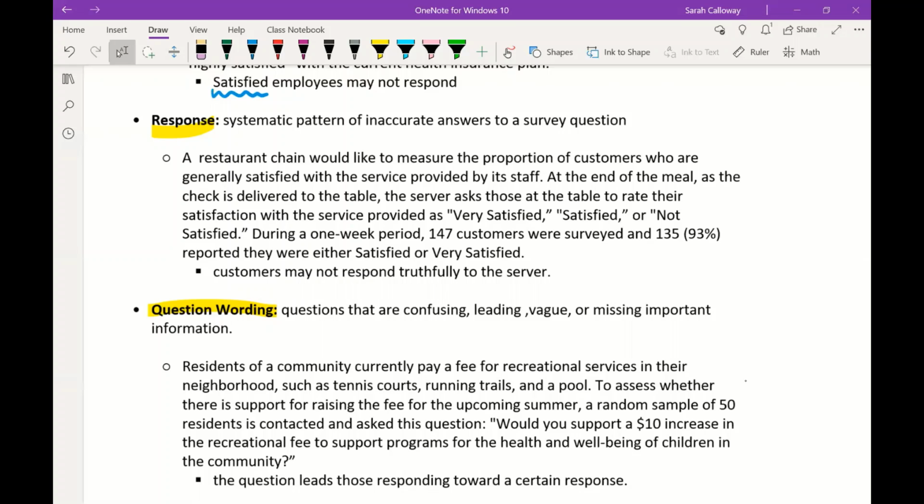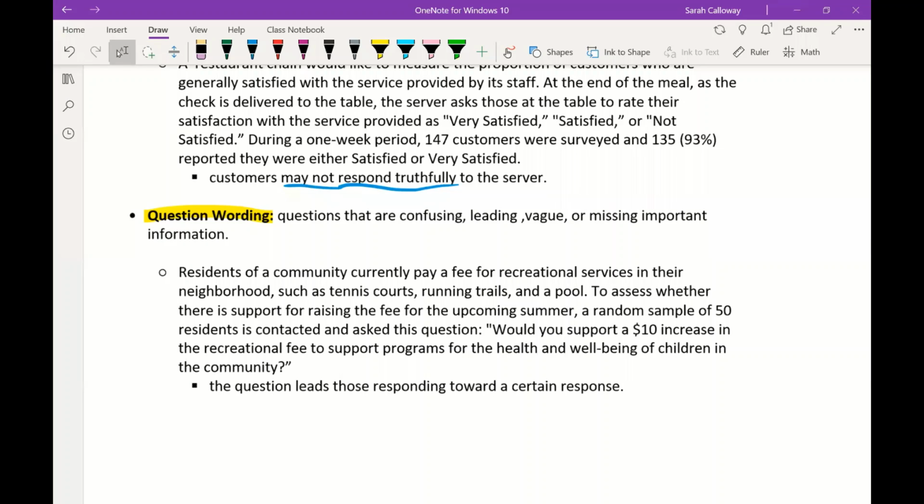So this is a response bias example because the server is literally the one asking you whether you were satisfied with their service. And so customers may not respond truthfully because of the person that is conducting the survey, okay?